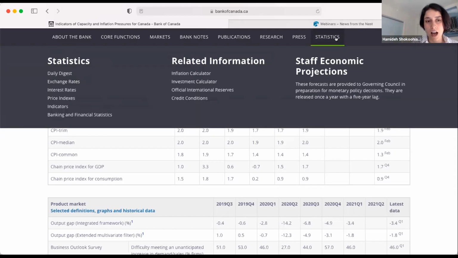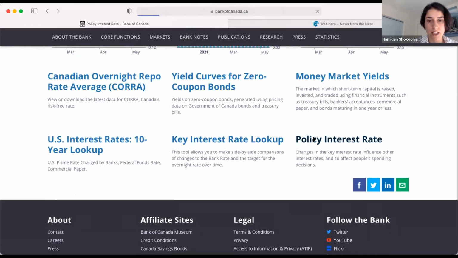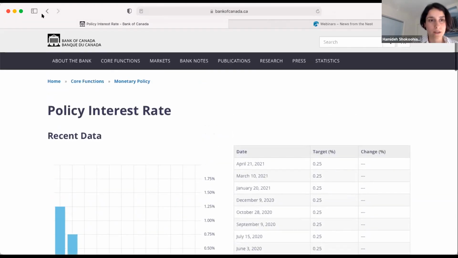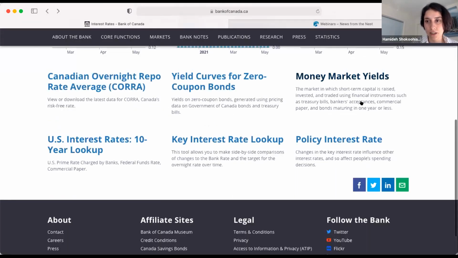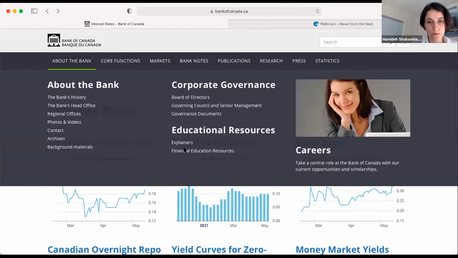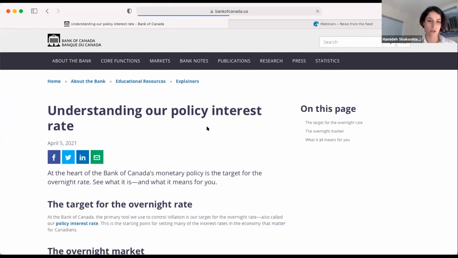After that, I will open the interest rate statistics for interest rate, and I open the policy interest rates here. Oops, sorry. Before this, I show them the explainers for understanding policy interest rate.